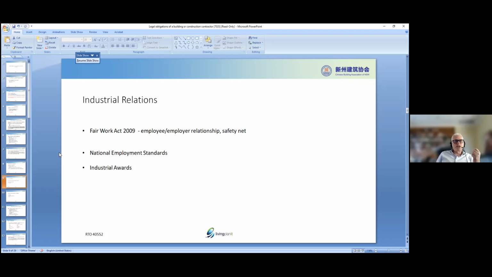So what is the relationship? Now, because of the fact that workers were very, very hard done by previously, they implemented organizations, acts to assist this relationship, to help workers.